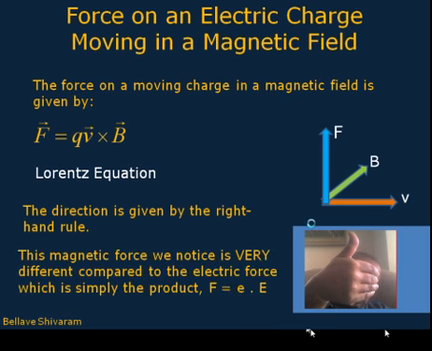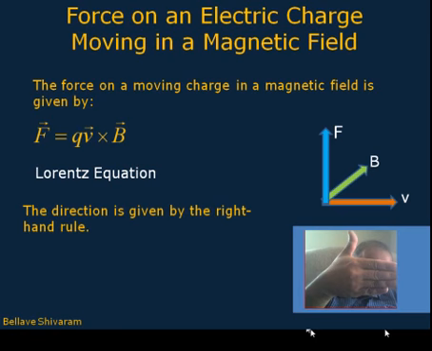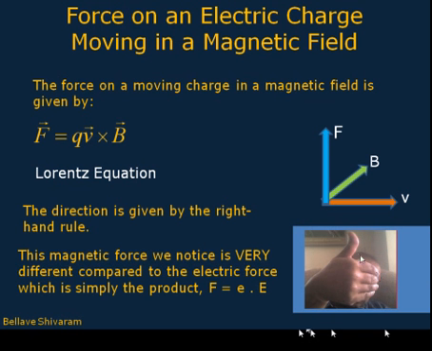So we'll have to go back to this picture and go forward one picture. So this is the four fingers turned in the direction of the magnetic field, and if one holds the right hand in the correct manner, the direction of the thumb will then point towards the direction of the force. So that's the right hand rule.